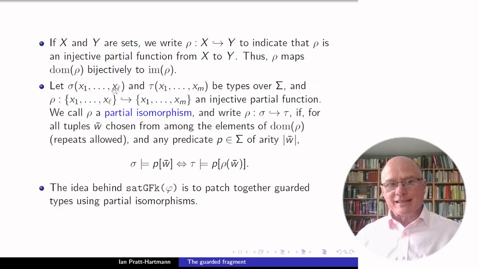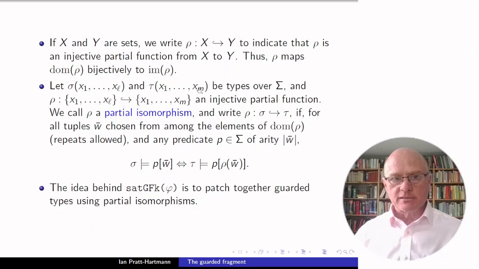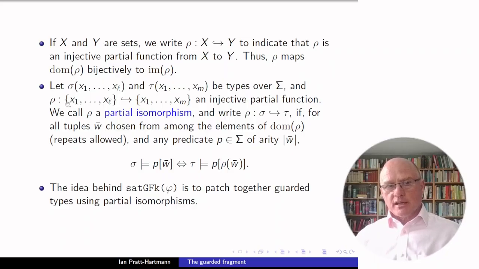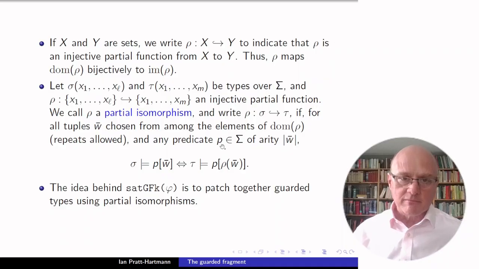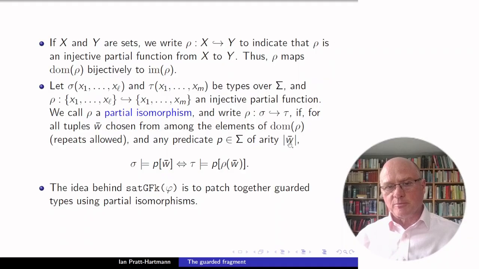Suppose σ is an l-type and τ is an m-type. If ρ is a partial function from the objects x1 to xl to the objects x1 to xm, then we'll call ρ a partial isomorphism, and we'll write ρ: σ ⇀ τ, if for any tuple w̄ chosen from among the elements of the domain of ρ and any predicate P of the same arity as the tuple w̄, w̄ satisfies P in σ just in case the image of w̄ under ρ satisfies P in τ.